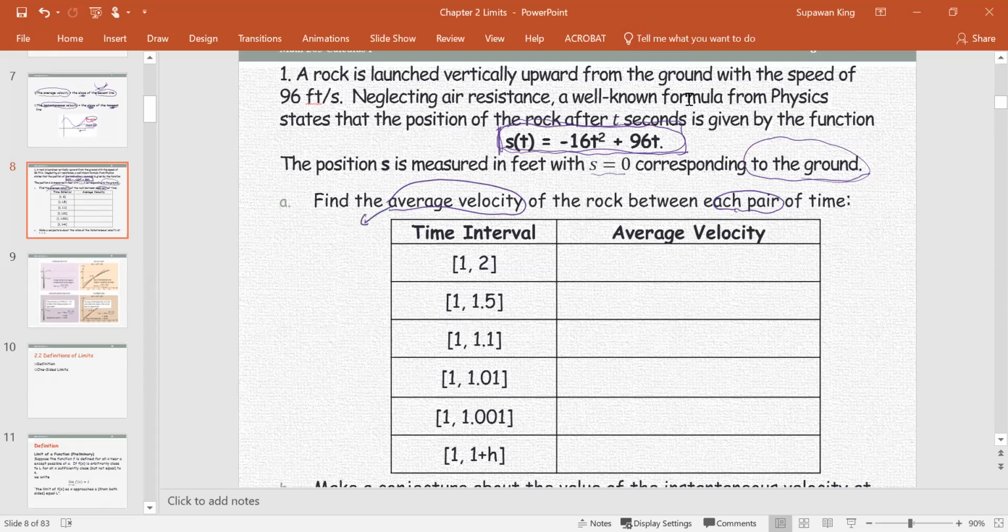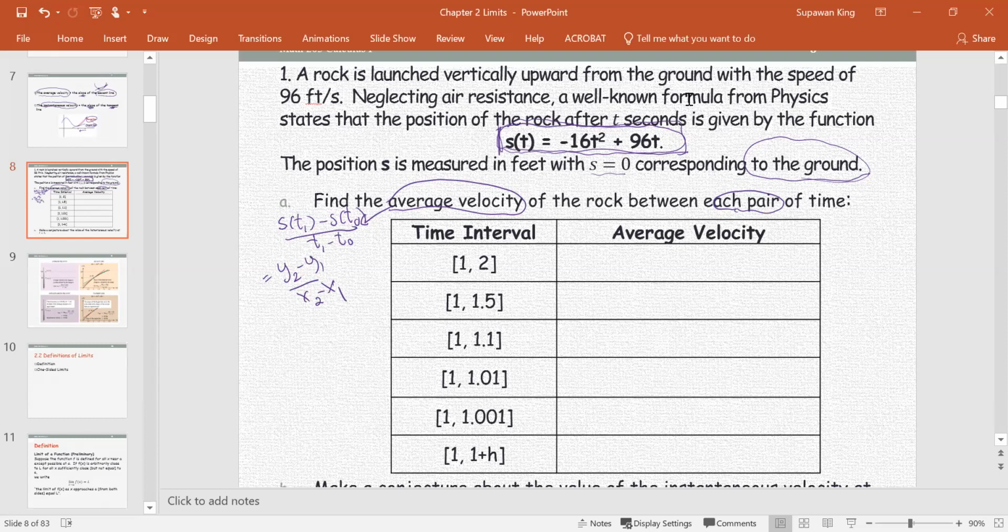We use two points: s(t1) minus s(t0), divided by t1 minus t0. To make it easier, it's pretty much the same as y2 minus y1 over x2 minus x1.